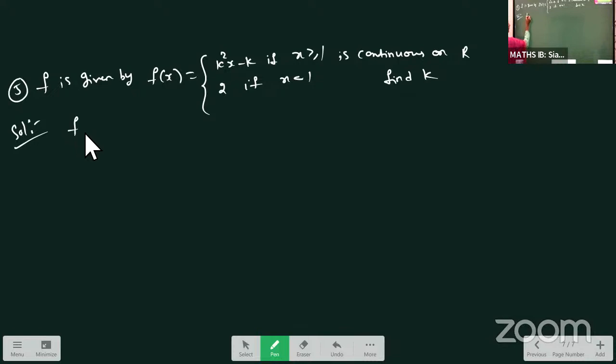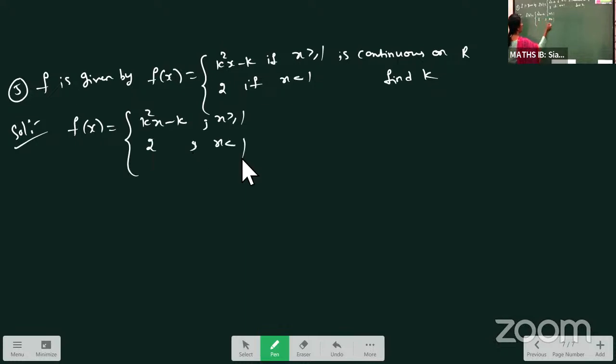Solution. f of x is equal to k square x minus k if x is greater than or equal to 1, and 2 if x is less than 1. This is given.